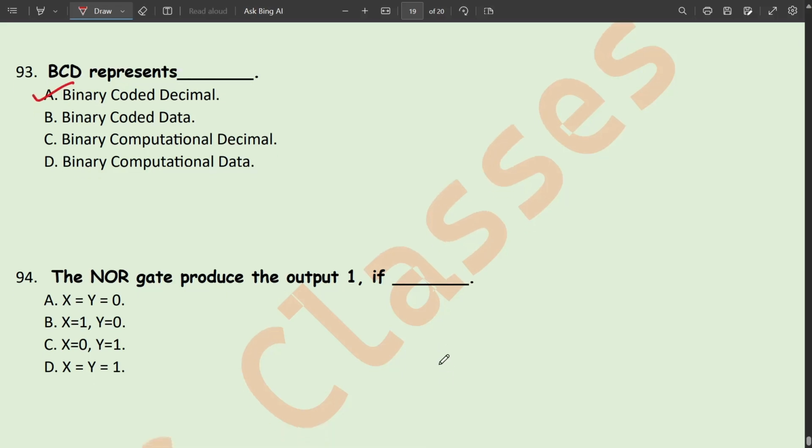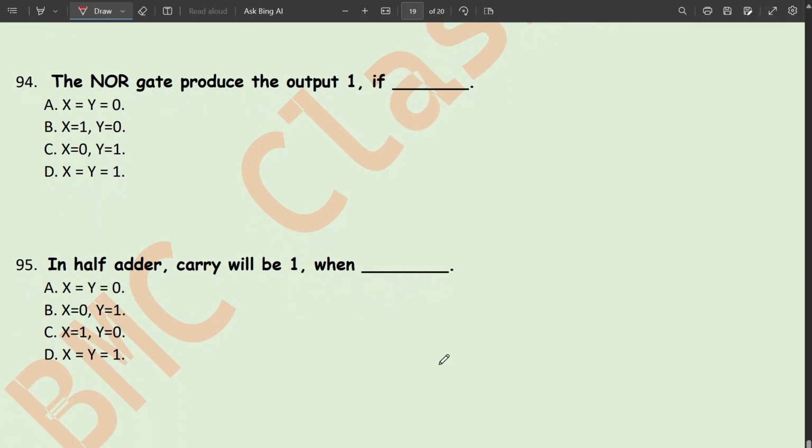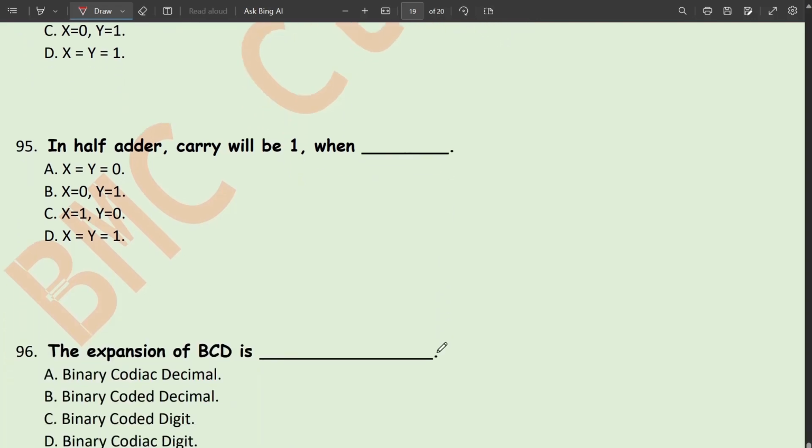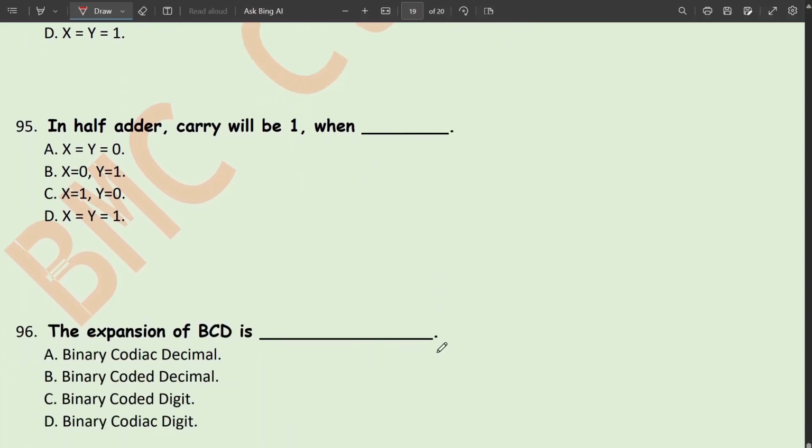Next, the NOR gate produces the output 1 if and only if X and Y are equal to 0. Option number A is correct. Next, in half adder, carry will be 1 when X and Y are equal to 1.